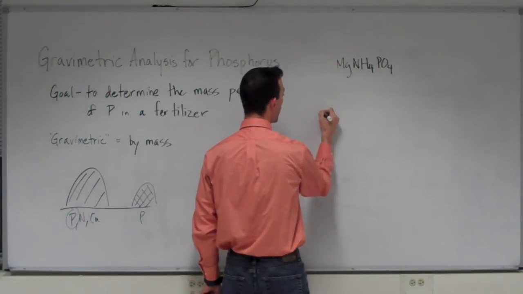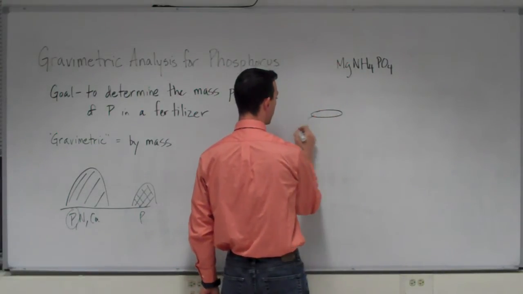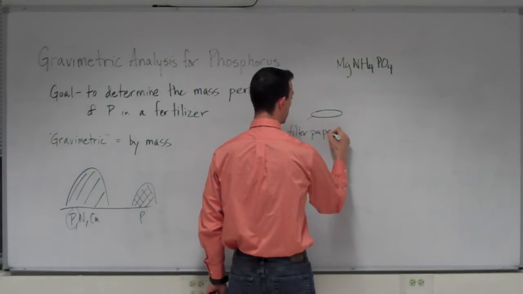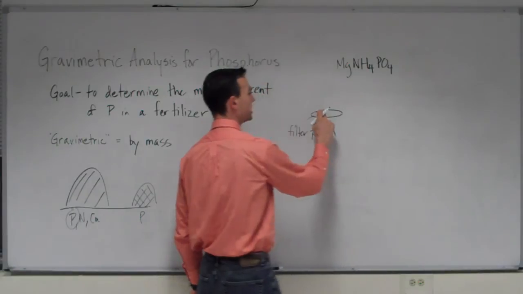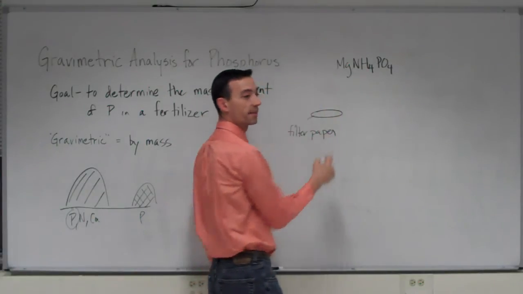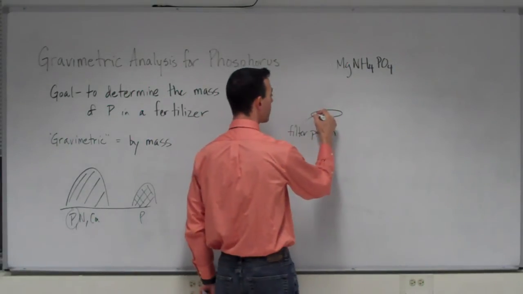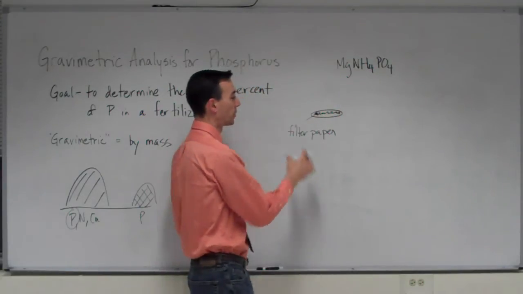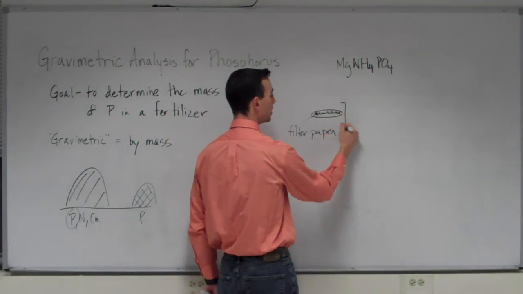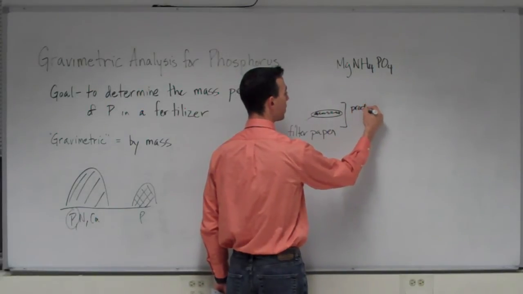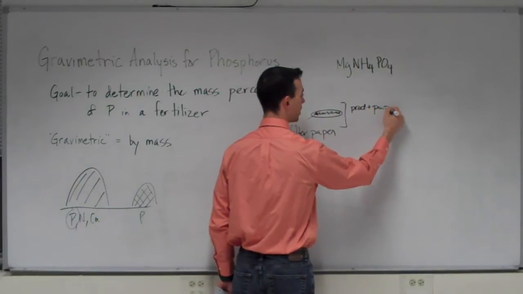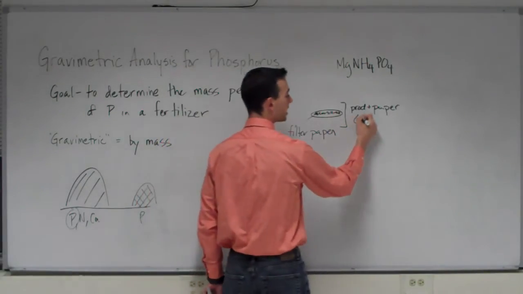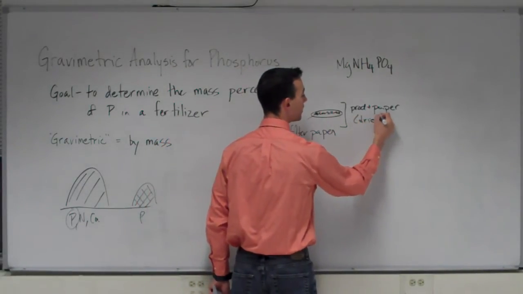You will need to weigh your piece of filter paper, because once our magnesium ammonium phosphate is on the filter paper, we won't be able to separate it from the filter paper. And so we can weigh the combined product plus paper at the end of the lab after it has been dried in the oven.